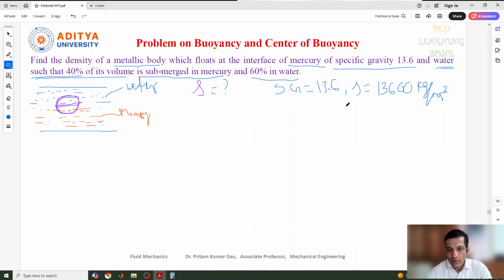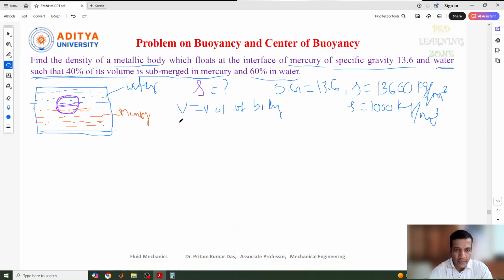And the density of water, we know, is 1000 kg per meter cube. Since no other data are given, let V equal the volume of the body, and 40% of the volume is submerged in the mercury. So 0.4 V is inside the mercury level.